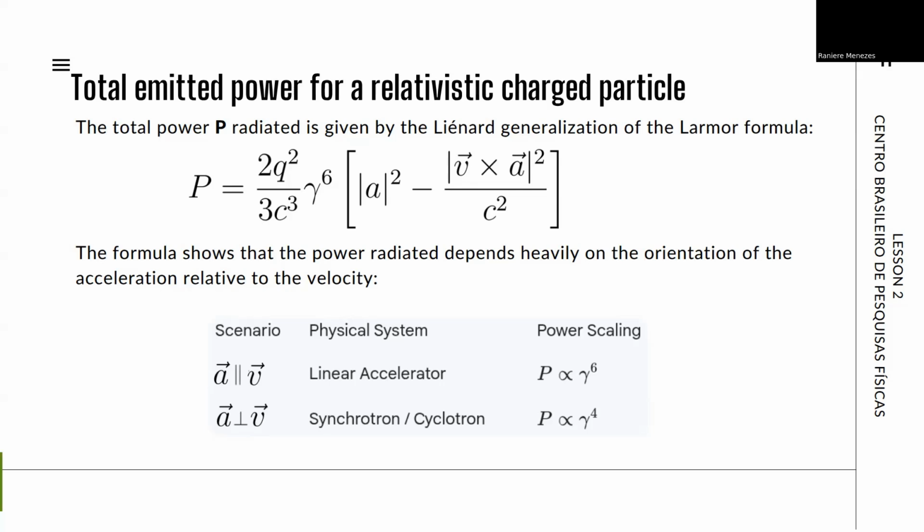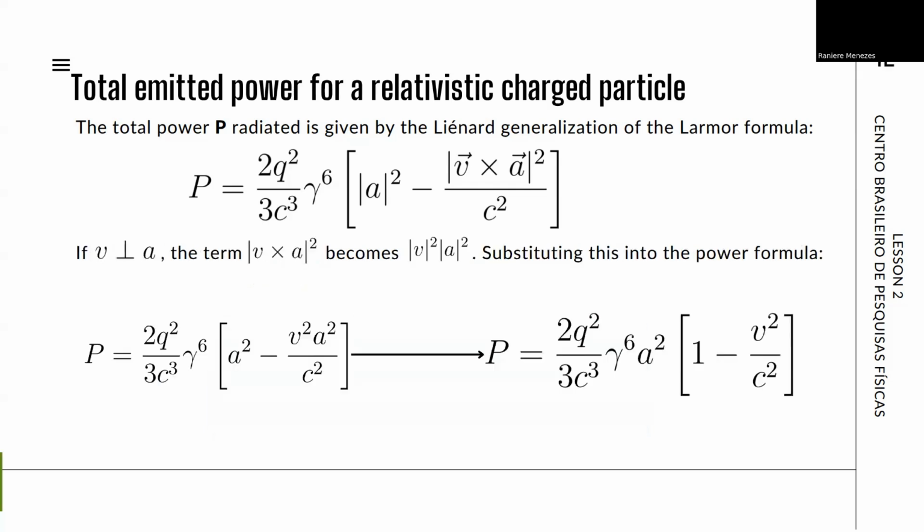We can put the A out of the brackets, and then this becomes 1 over gamma squared, okay? So we can cut here, and it becomes like this. This is exactly what I do here. So if they are perpendicular, as can be the case in synchrotron emission, then this expression becomes this. We remove the A. This is 1 over gamma squared. We cut it.